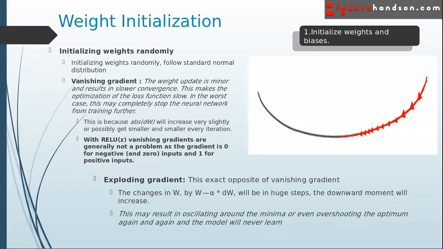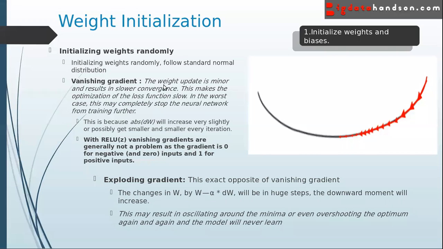Okay. So what happens if we don't initialize the weights and biases? We face two problems. One is vanishing gradient and another one is exploding gradient. So vanishing gradient, what is it? If we don't initialize the weights and biases, in every back propagation it tries to update the weights, right?